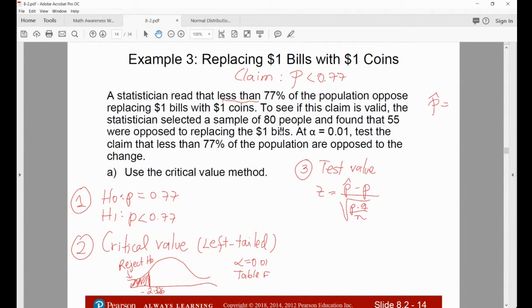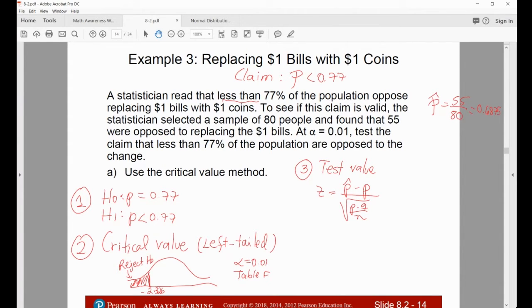It says the statistician selected a sample of 80 people and found that 55 were opposed to the change. So what's the value of P hat? 55 over 80. In decimals, that is 0.6875.